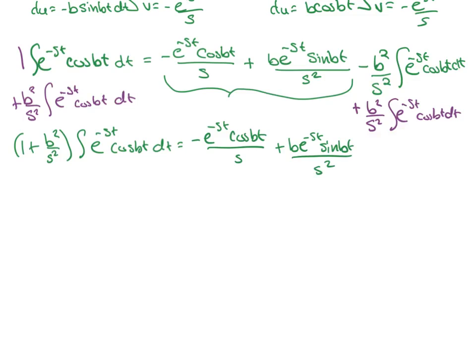Okay, for both the 1 plus b squared over s squared and for the entire right-hand side of these two fractions, I'm going to combine the fractions now.